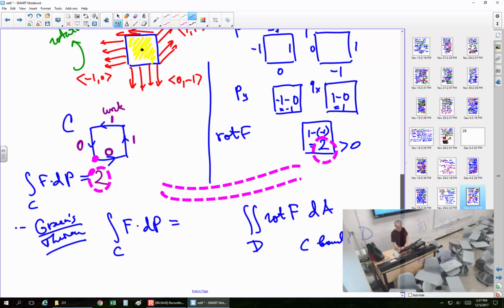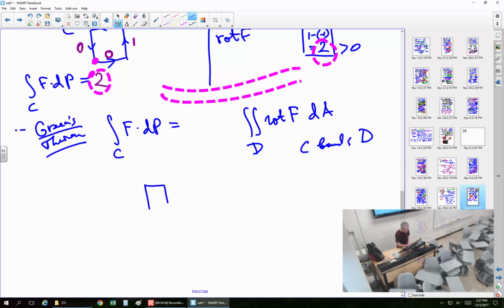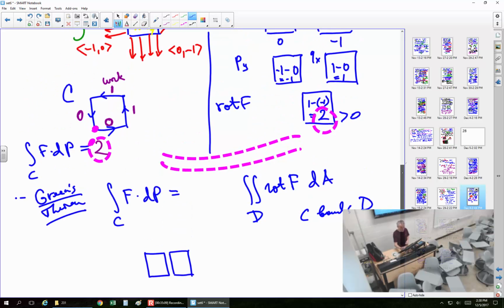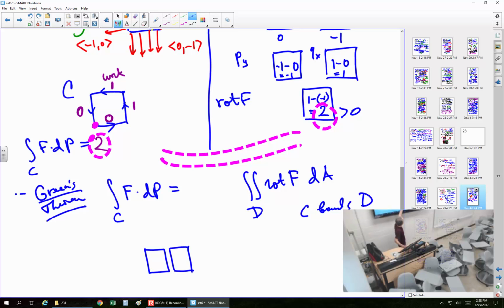Okay, and the procedure is fairly simple, and the idea is first of all we've got to start building a bigger region. So you start with two rectangles. So if we have one square, we know this equation is satisfied, by the simple reason that that D is a simple square, so this integral is simply equal to the value of the rotor.